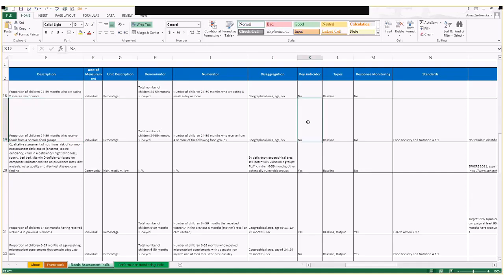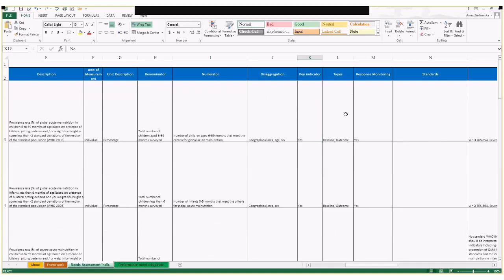It's not considered a key indicator because normally for infant and young child feeding we would select some other indicators which would be key indicators. However, you can consider, and depending on the situation in the country, maybe this indicator would be most suitable for you to include in the HRP. So again, you have to decide on a case-by-case basis whether you choose this indicator or not.